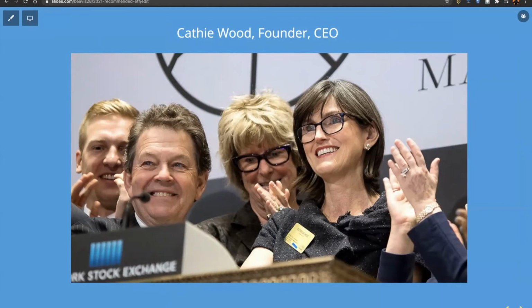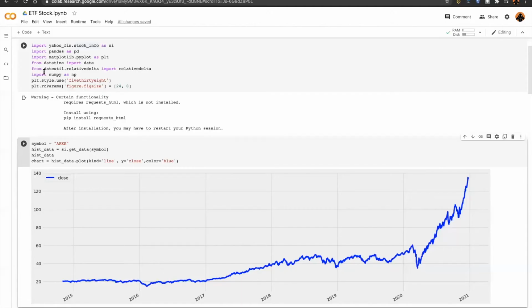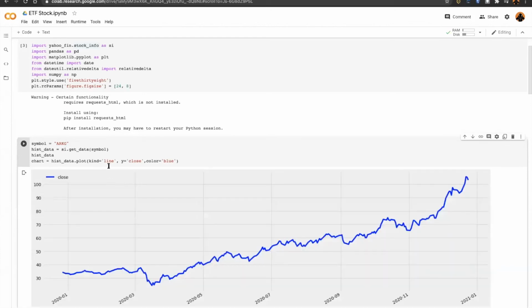For example, I think ARKG. It's also another famous one. This is the genome area. It's also growing a lot. They started in 2020 this year. Then it was 35, now it's 500, right? So this is also very good.